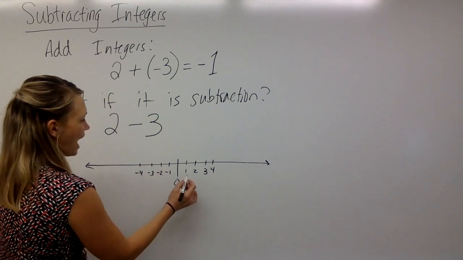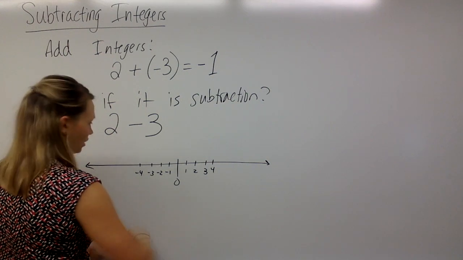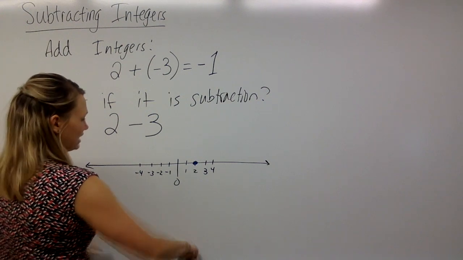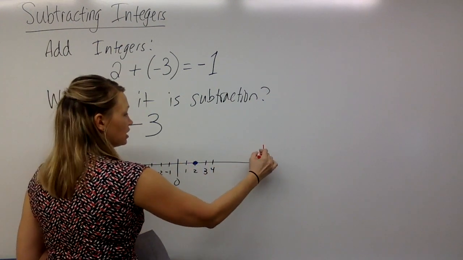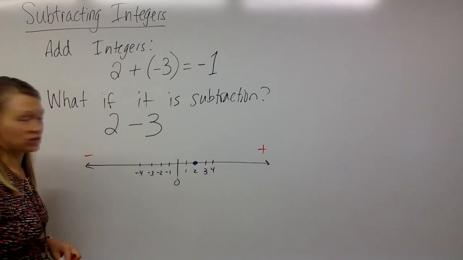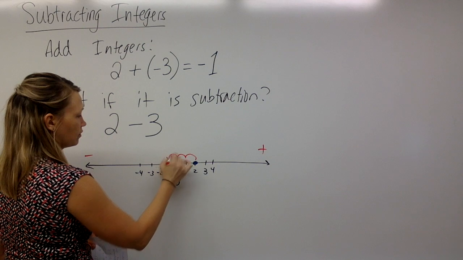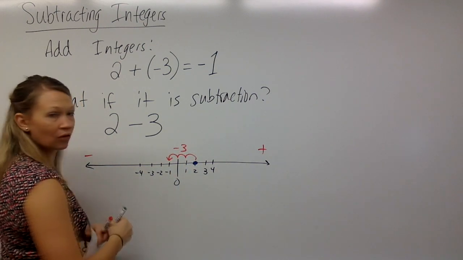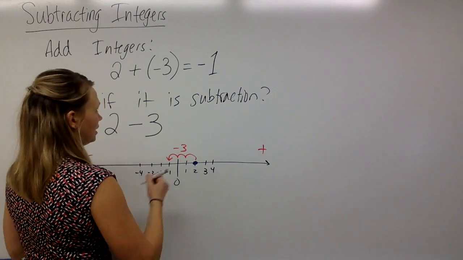So if we're at a positive 2 and we need to subtract 3, which direction am I going then? I hope you said to the left. 1, 2, 3. Subtract 3. So where am I at now? I hope you said negative 1.